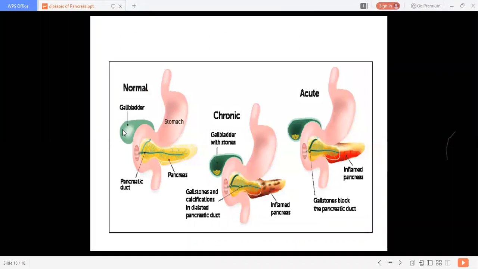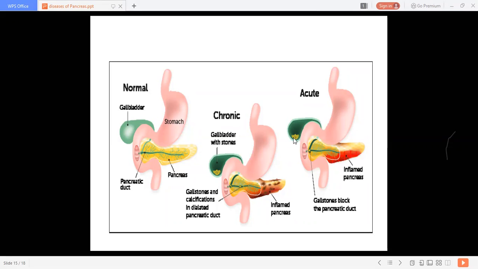See, the normal pancreas, normal pancreatic duct, and the gallbladder is also normal. Everything is normal, normal physiology, normal anatomy of the pancreas. Here, in acute pancreatitis, you can see the inflamed pancreas. Somewhere there is obstruction at the ampulla.